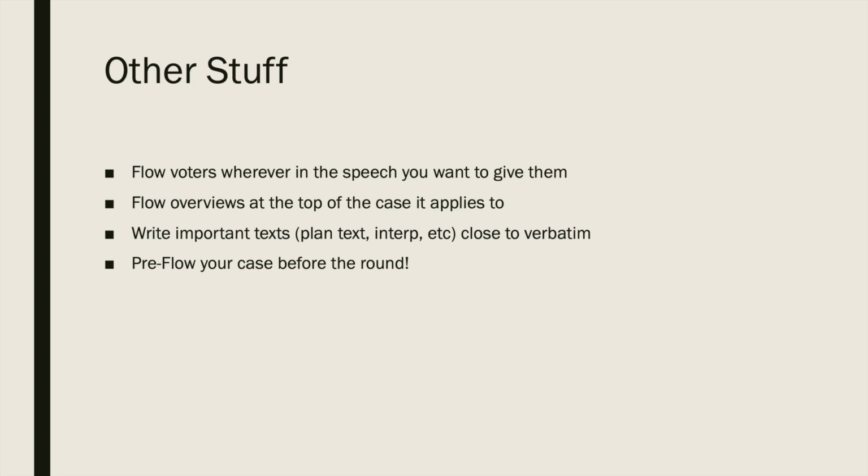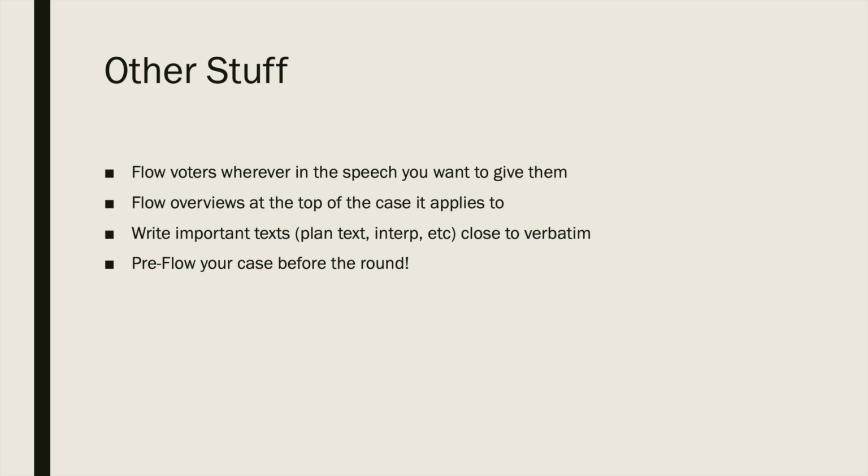So just flow them wherever your eyes will hit them at the end of your speech. So instead of flowing them where it makes sense maybe to you, like organizationally, flow it to where it makes sense for when you're reading the flow and giving your speech.